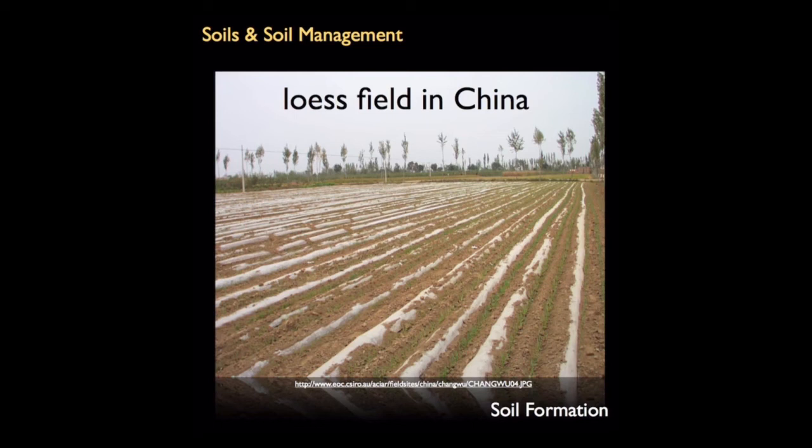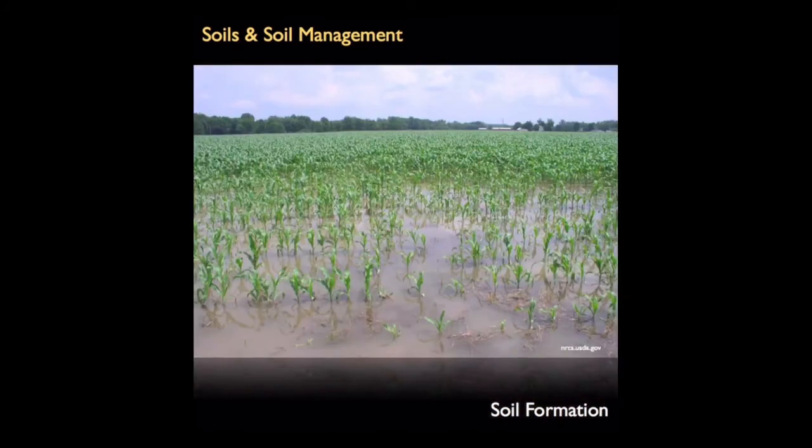A common challenge associated with soils in flat areas is the potential for waterlogging. This is a common feature of soils in glaciated areas of Ohio, and such effects have consequences on the growth of plants. So clearly the topography of an area has a strong influence on soil formation and physical weathering.